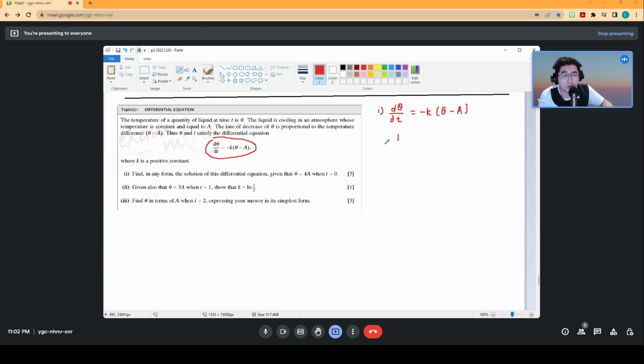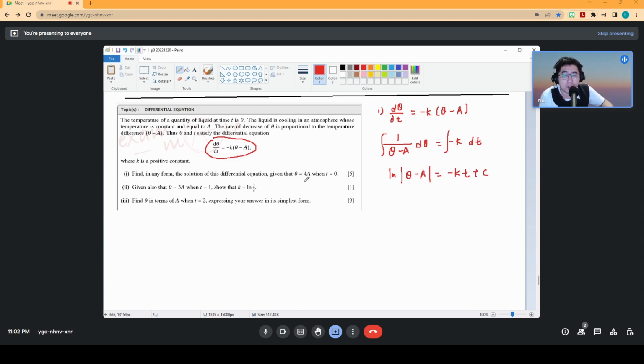So I have 1 over theta minus a d theta equals negative k dt, then integrate. Although this doesn't look like the usual y and x, just make sure you recognize the t there. Through integration, you have ln of theta minus a equals negative kt plus c.